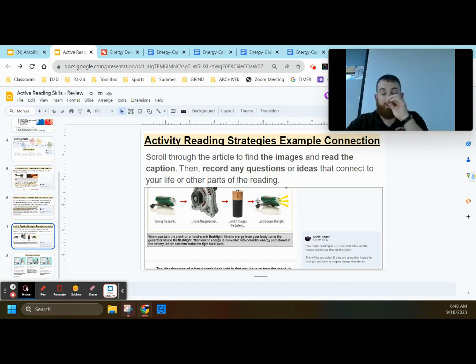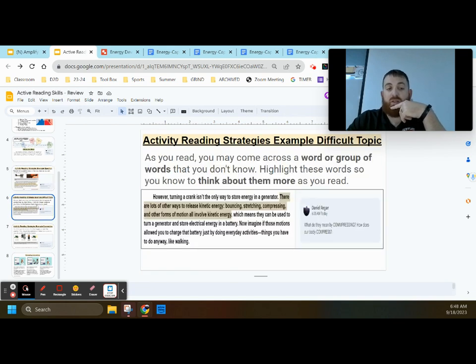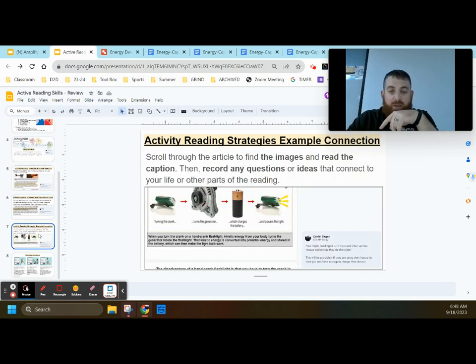Connecting to what we know about the rescue workers, connecting to the job that they do. This will be a problem if they are using their hands for their job and have to stop to charge their device. So now you're thinking and connecting to what we know about the rescue workers and thinking beyond just what is shown in this diagram here. So making those connections.